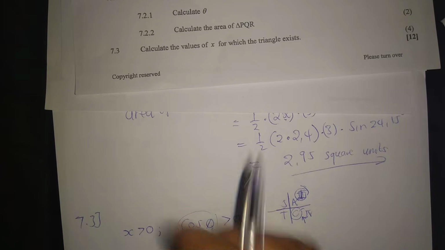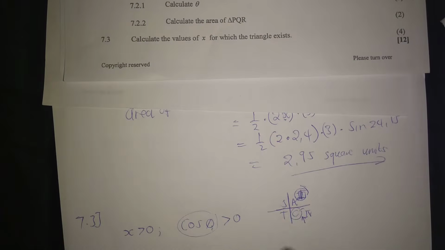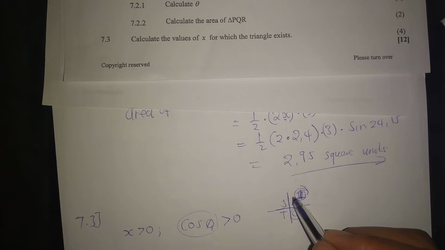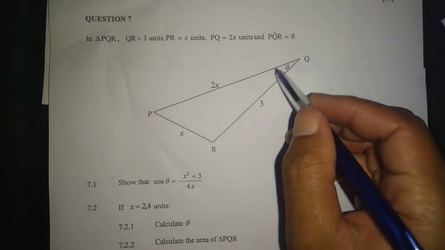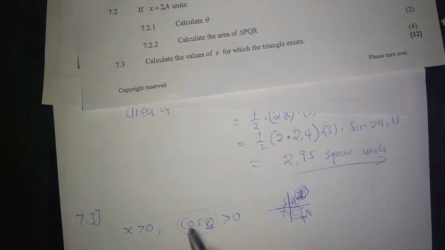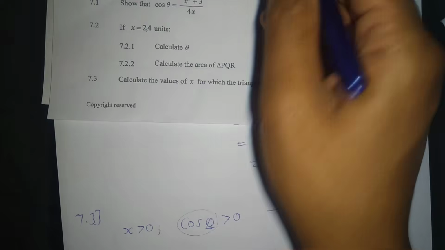But the theta, our angle, is an acute angle, so it's another restricting parameter. Our cos must be in the first quadrant because theta cannot be in the fourth quadrant. Angles in the fourth quadrant are greater than 180, but theta here is less than 90. It's an acute angle.